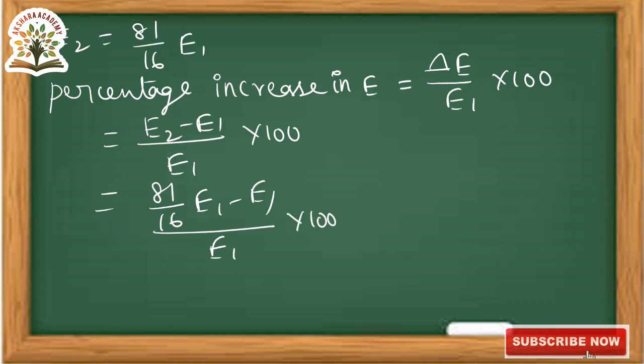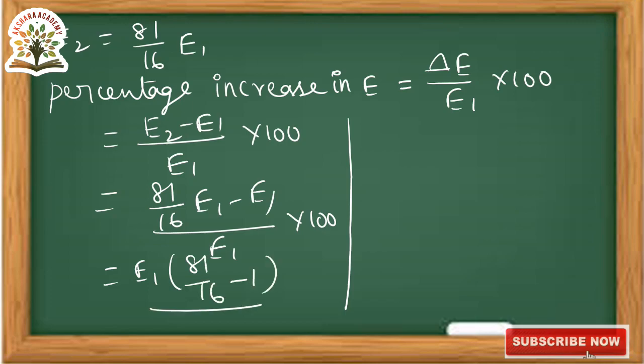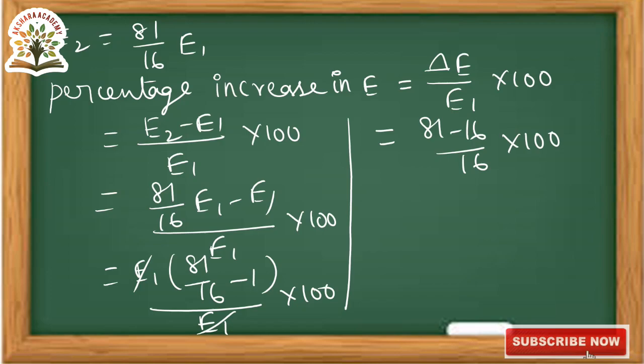Taking E1 as common, that equals (81 by 16 minus 1) by E1 into 100. E1 cancels, so that equals (81 minus 16) by 16 into 100, which is 65 by 16 into 100.